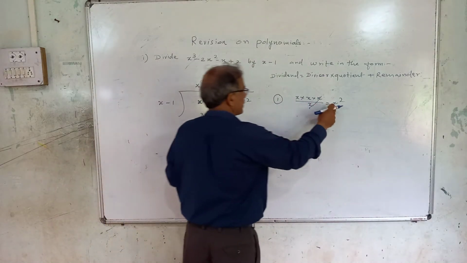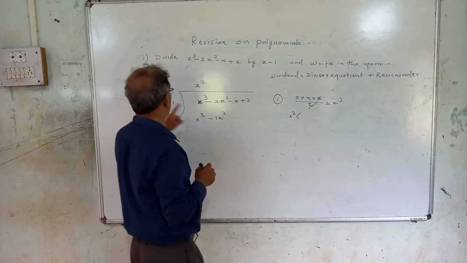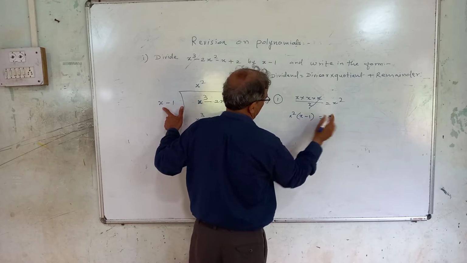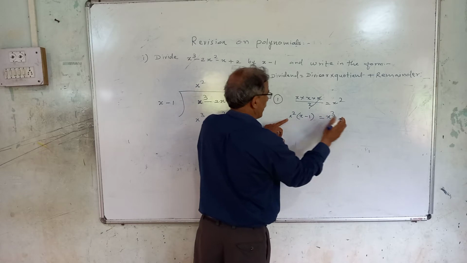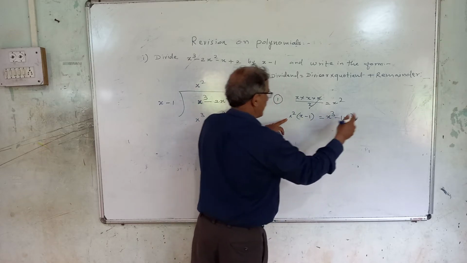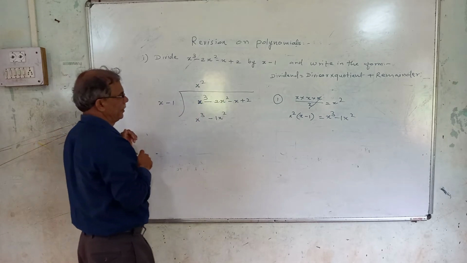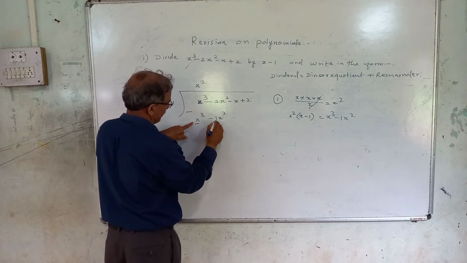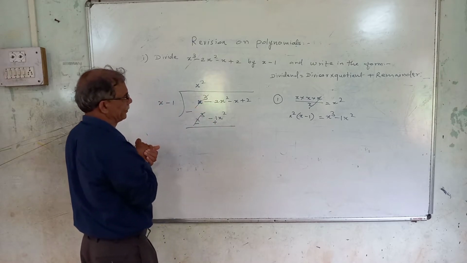Now by this x square, you have to multiply this divisor x minus 1. So x square into x cube, x square into minus 1, minus 1x square. This product you write here below like term. So then put minus here. This will become minus. This will become plus. So x cube gets cancelled.